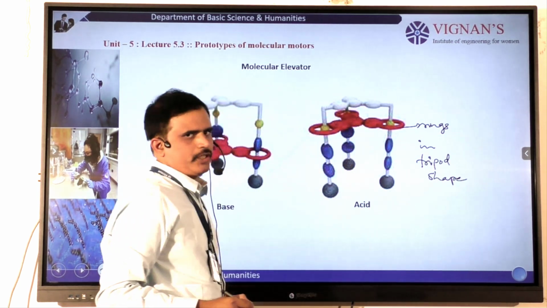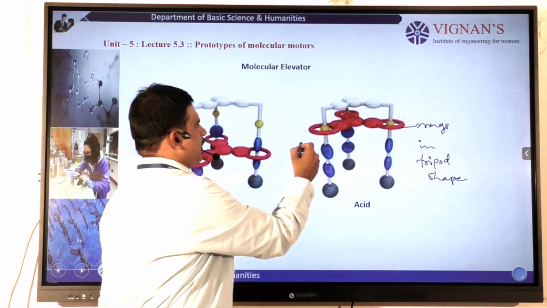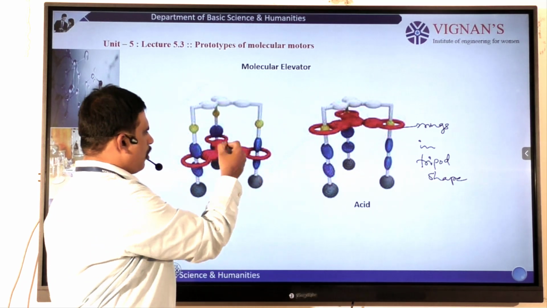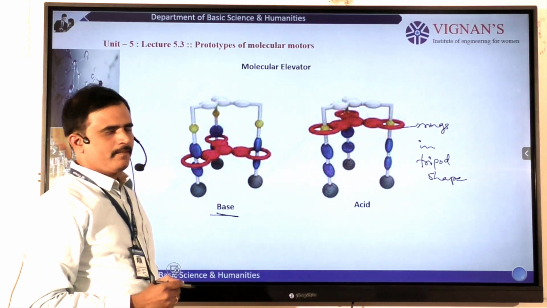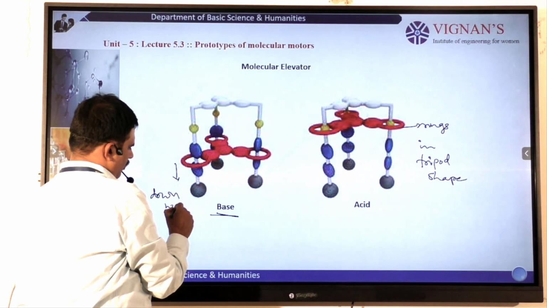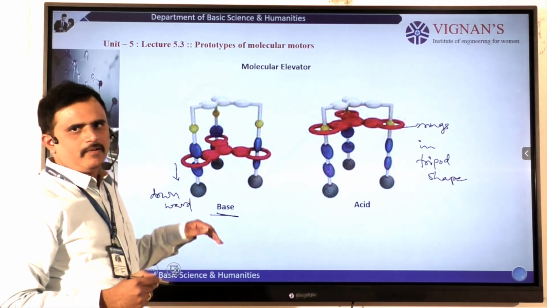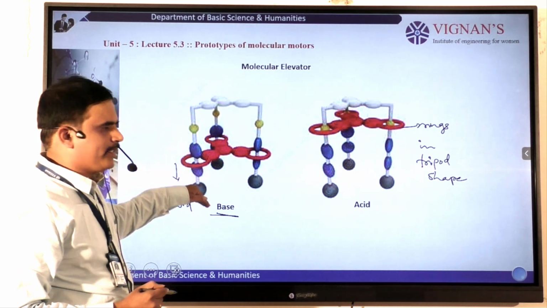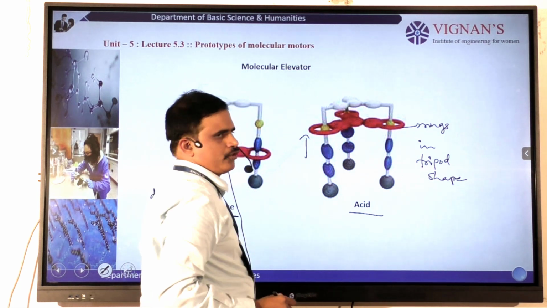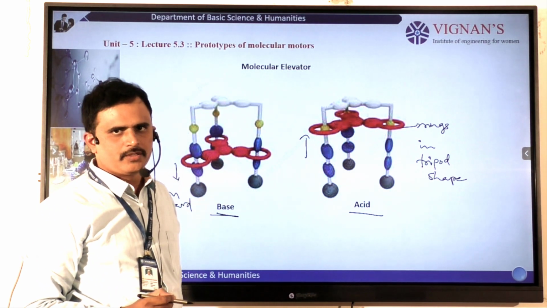This ring interacts with the tripod shaped molecule. Suppose we keep this molecule in a basic medium, these rings come downward, to the downside. If it is taken in acidic medium, this ring will move in the upward direction.